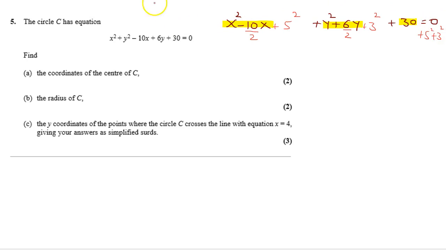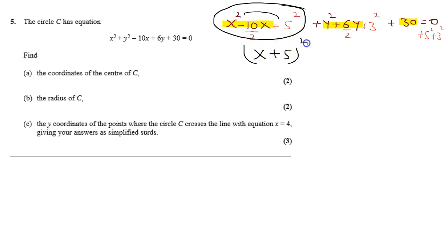Now we have this thing. So this is equal to x, just take this extreme, x minus 5 square, and this will be y plus 3 square is equal to 5 square is 25 plus 3 square is 9 and minus 30.